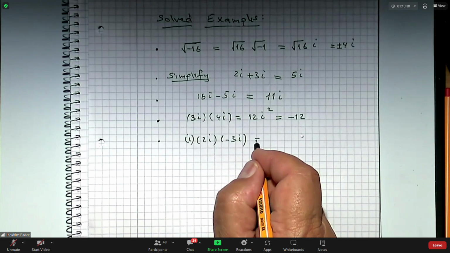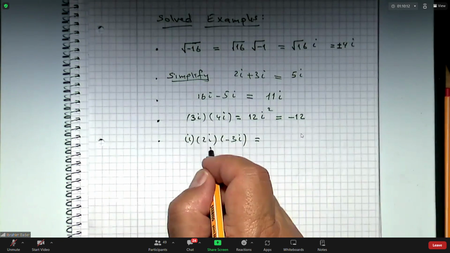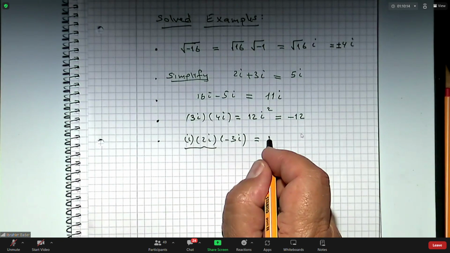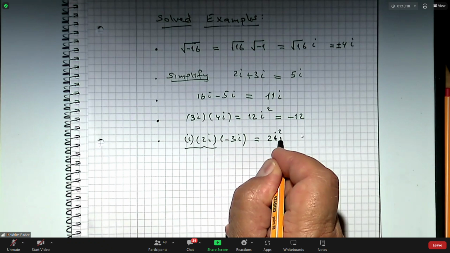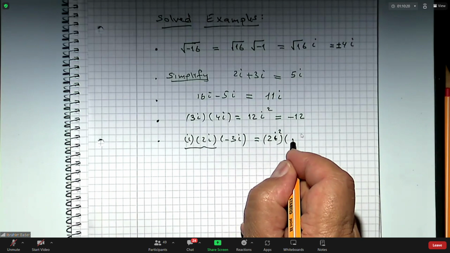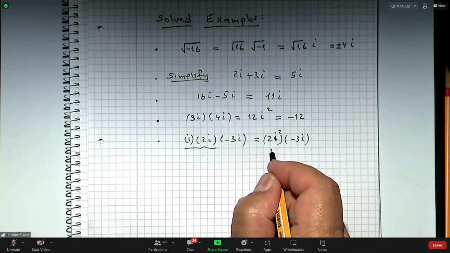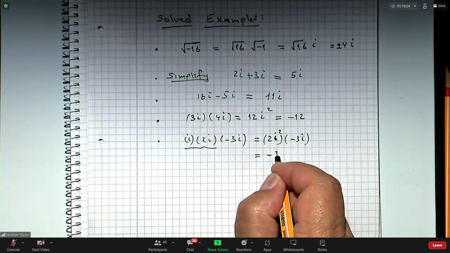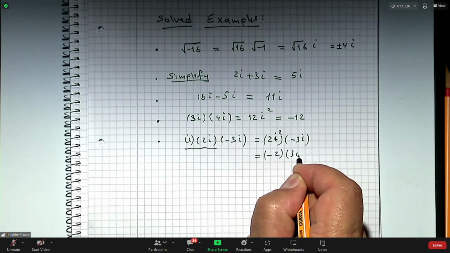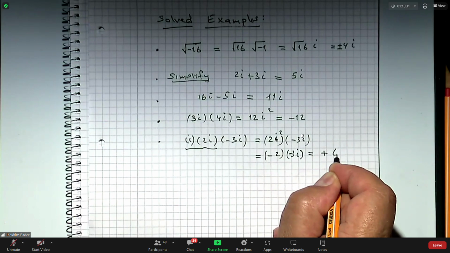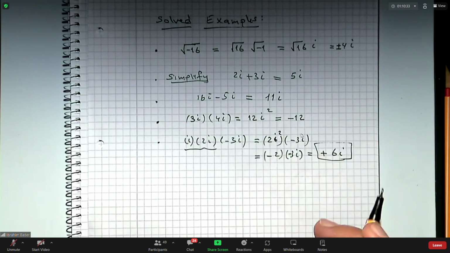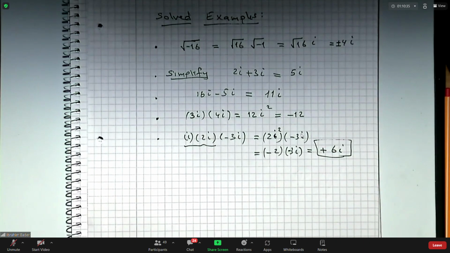So you have here 2i squared, right? Times negative 3i. And this is equal to negative 2 times negative 3i, and this is plus 6i. This is the answer.